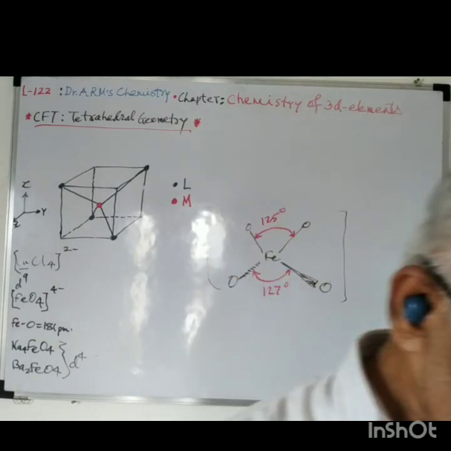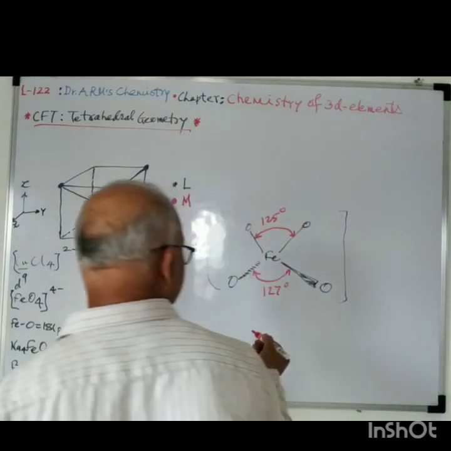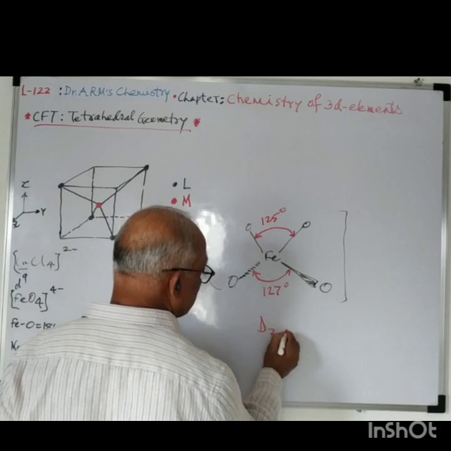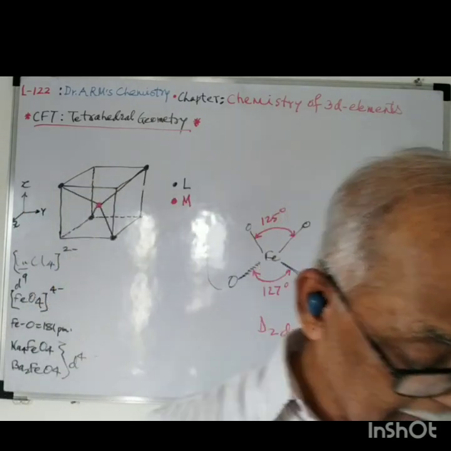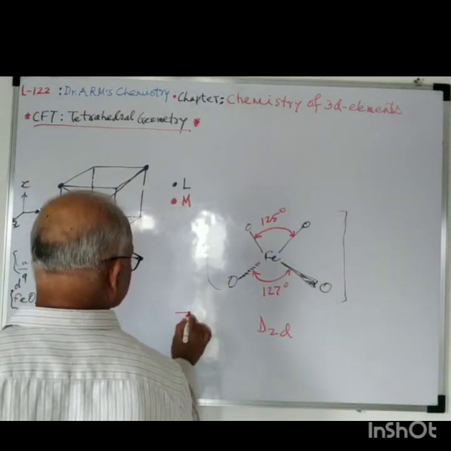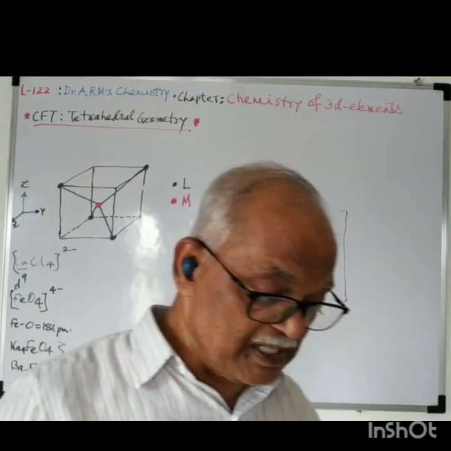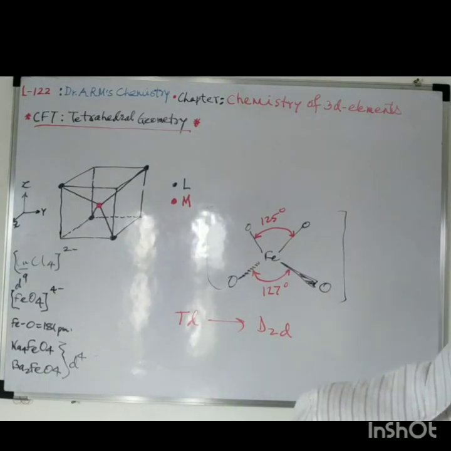So this is the distortion, and in this case the geometry changes to D2d. So tetrahedral geometry is changing to D2d, where the bond angles are increased.